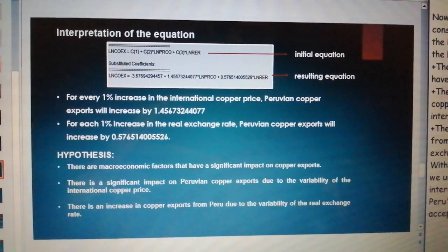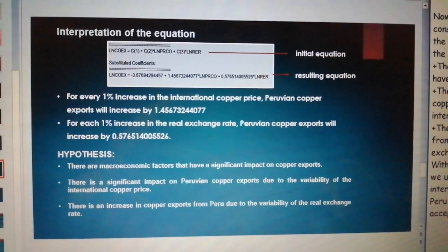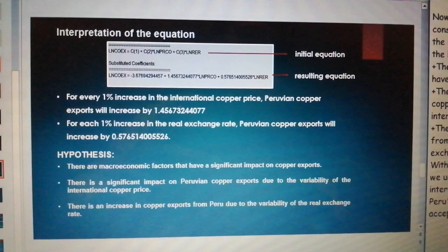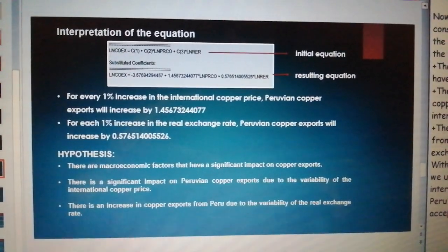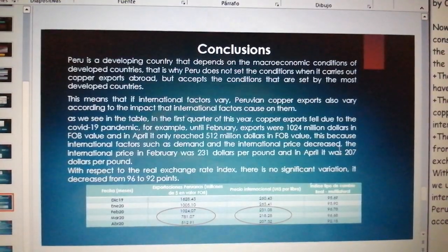With the results obtained from the model, we understand that there are international factors that have an impact on Peru's copper exports, therefore we accept the hypothesis.